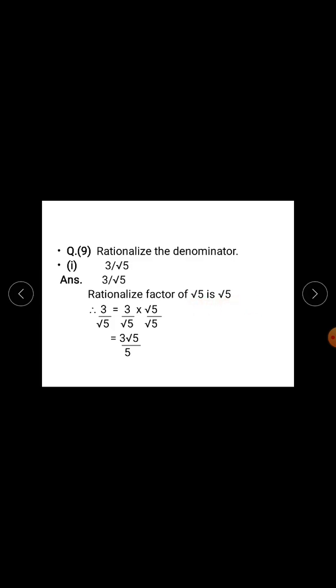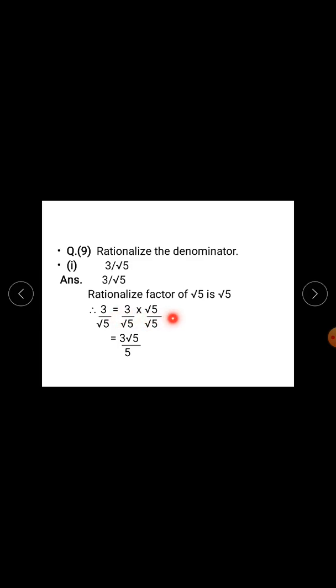Therefore 3 upon root 5 is equal to 3 upon root 5. Write this 3 upon root 5 here as it is. Now multiply numerator and denominator by root 5. Now multiply numerator with numerator and denominator with denominator.